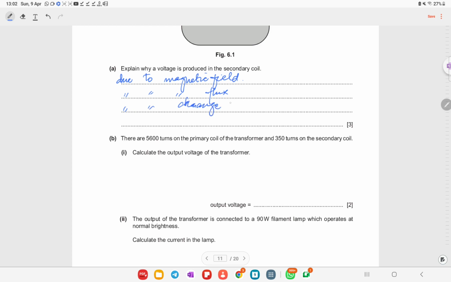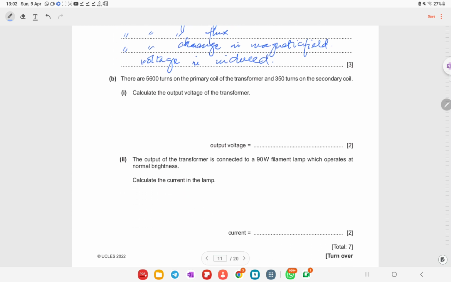This changing magnetic field causes a voltage to be induced.